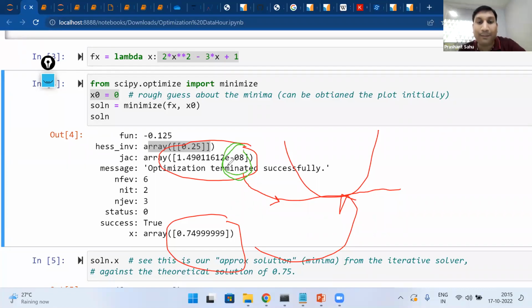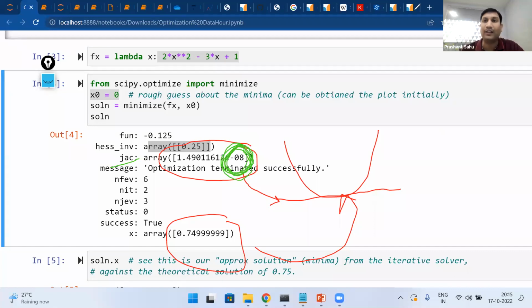So Jacobian represents the slope. Basically, Jacobian represents the slope at the point of maxima or minima. The slope is nothing but the derivative, so Jacobian is the derivative. The final Jacobian is the derivative of your function at the point of maxima or minima, right? And that is supposed to be close to 0 within some tolerance.